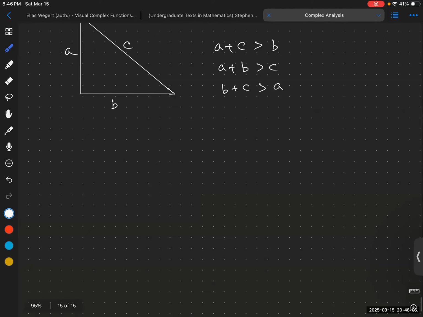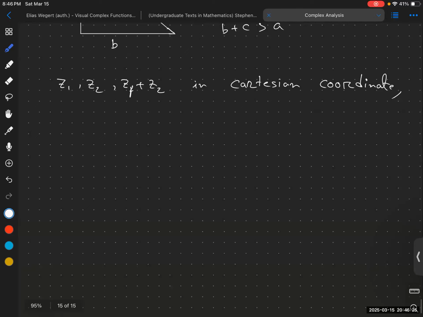So we can represent the complex numbers z1, z2, and z1 plus z2 in the Cartesian coordinate system. So what will happen? Let's say this is our complex number z1, and this is our complex number z2.